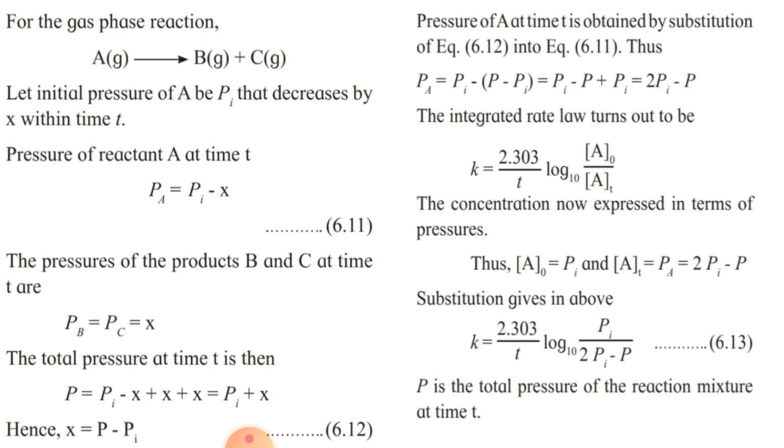We are getting the equation K is equal to 2.303 upon T log to the base 10 Pi upon 2Pi minus P. So here we are getting the integrated rate law equation for gaseous phase reaction. Understood student? This is a very simple equation and very easy mathematical terms are involved in it, and we have found the integrated rate law for gaseous phase reaction.